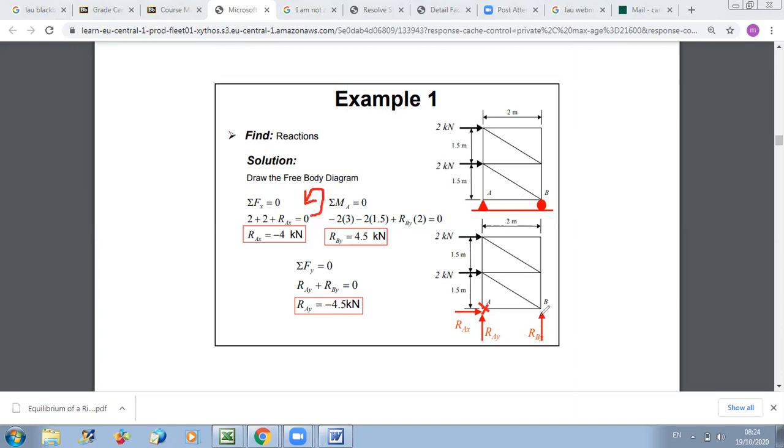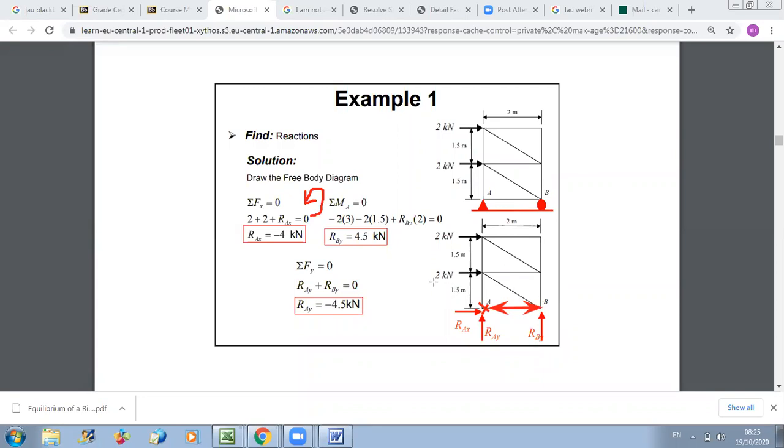Now, RBY is producing a moment in the counterclockwise direction about A. I should multiply by which distance? The distance between A and RBY, which is equal to 2 meters. So I do RBY times 2 first.